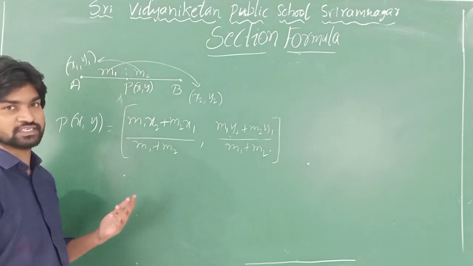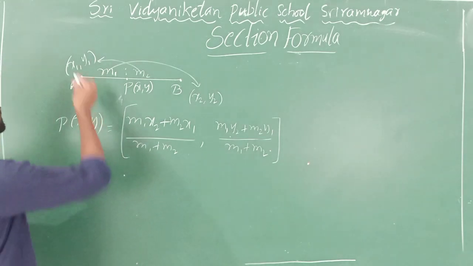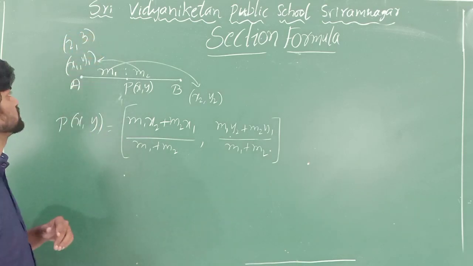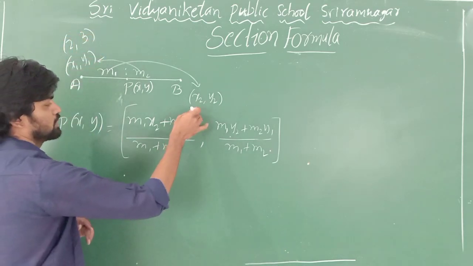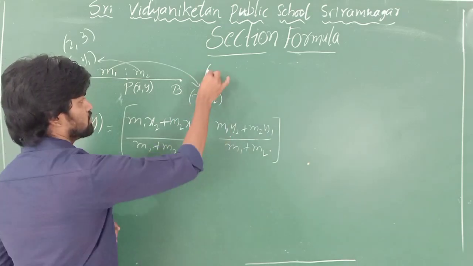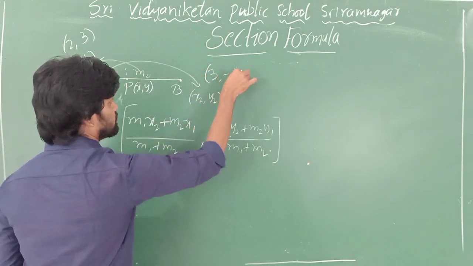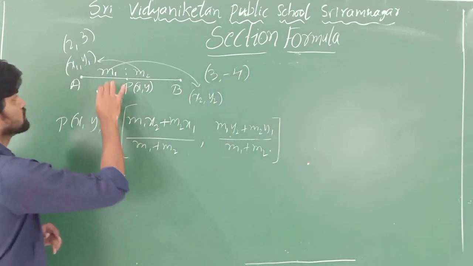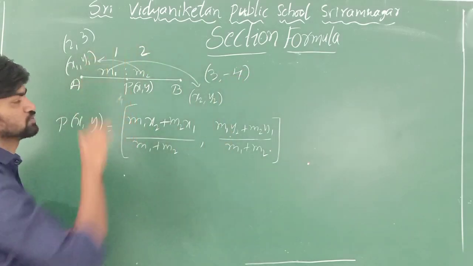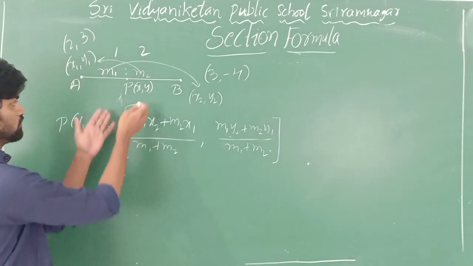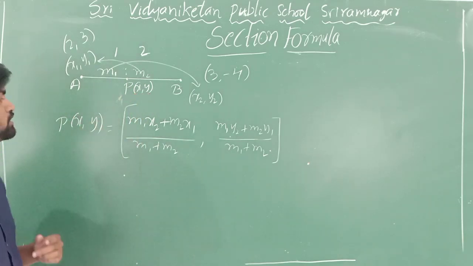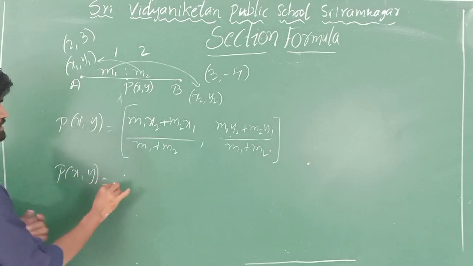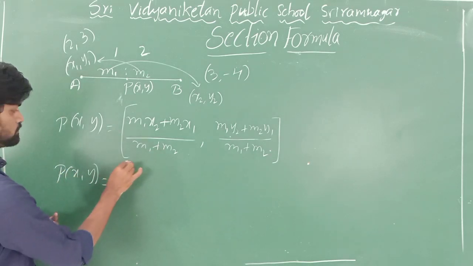Now, how to solve with this? Assume any points. In place of x1, y1, take 2, 3. In place of x2, y2, I am taking 3, minus 4. The ratio I will take 1 is to 2. Now to form point P(x, y), just substitute all this.